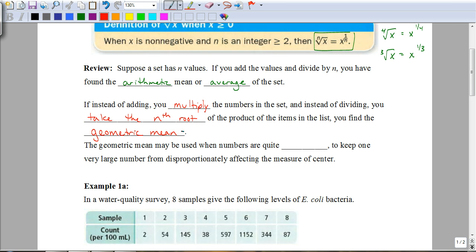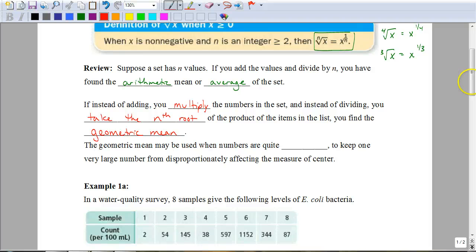Here's what this means. To find the geometric mean, just like we said, we multiply all the numbers together. And let's say if there's 7 numbers that we're multiplying together, we would take the 7th root of the product. Or if there's 9 numbers that we multiply together, we would take the 9th root of the product instead of dividing by 9 or instead of dividing by 7.